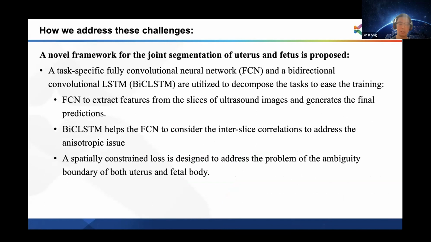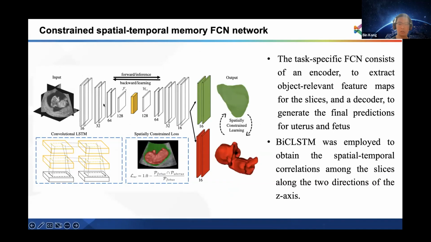So then it comes to our framework for the joint segmentation of the uterus and the fetus. It consists of two components. This is the framework. For the first part, we use 2D convolutional neural networks, right? Why do we just use 2D neural networks?